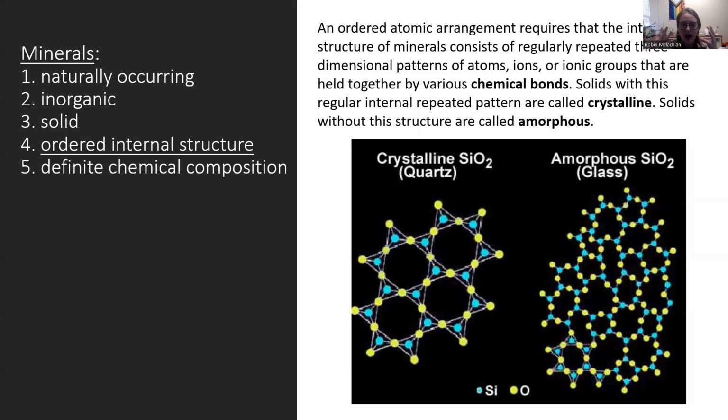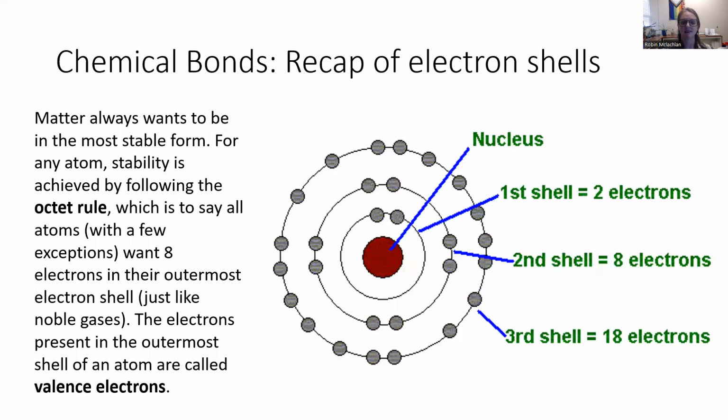Now, thinking about how do these elements actually bond, right? What's creating these organized internal structures? That's what we're going to spend some time on here. There's lots of different ways that elements can bond to each other to make compounds. And it really comes down to how many electrons they have and how many electrons they have in their outermost shell, right?